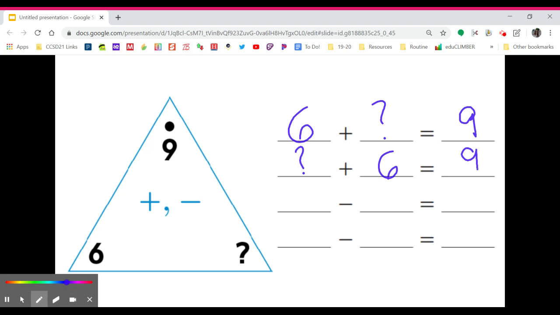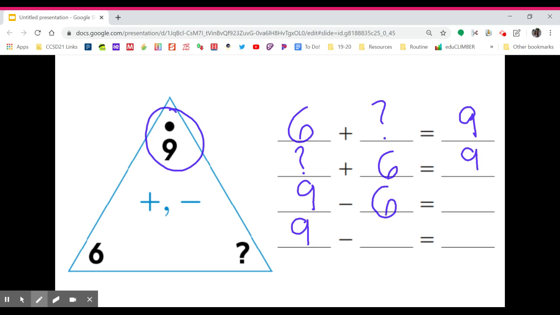When we're looking at it for subtraction, we want to start with the sum in our number sentence. So both of them will always start with 9, that biggest number. So we're thinking about 9 minus 6, because that's the addend we know, equals what? Or 9 minus something equals 6.